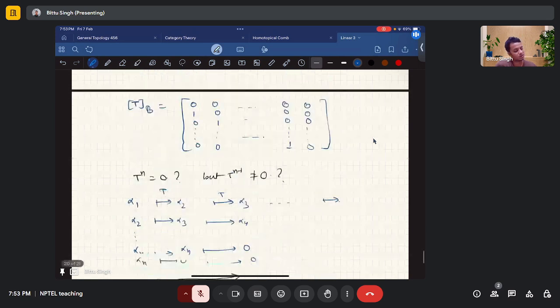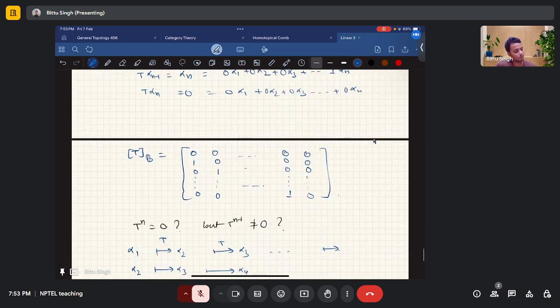It can also be seen as just the multiplication of those matrices. If you multiply n minus 1 times, this column comes in the first place, T to the power n minus 1. But if you apply T again, T to the power n, then this column vanishes, so everything becomes 0.